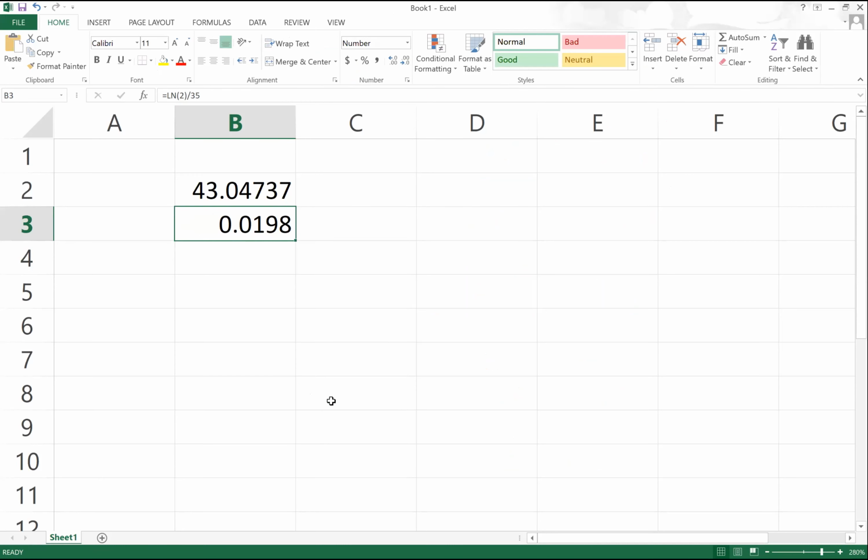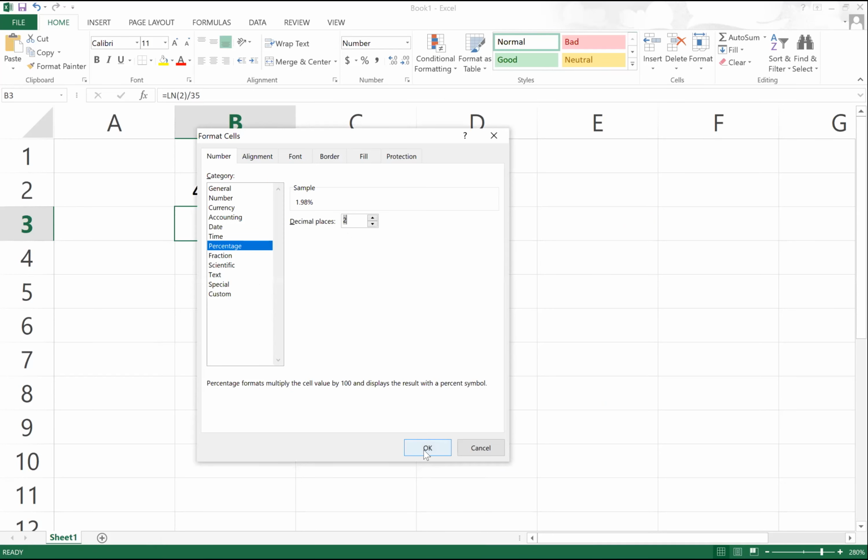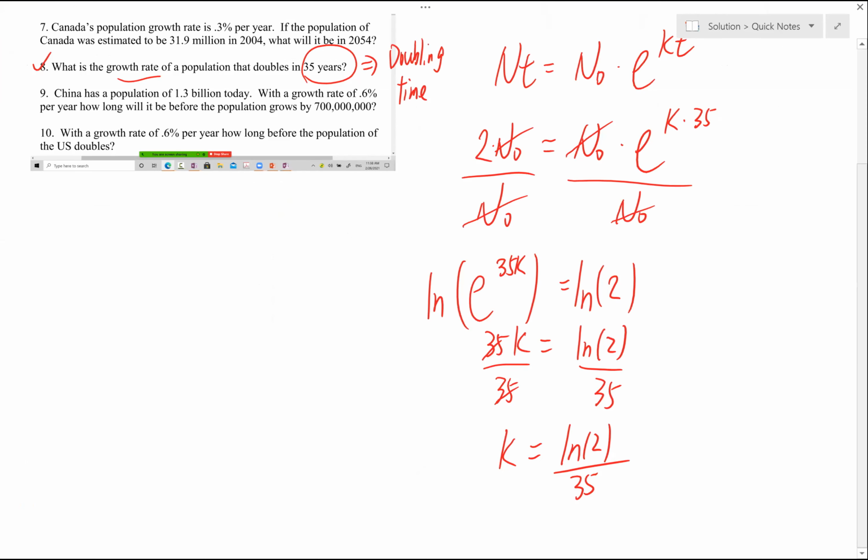Go to format cells and then percentage with 2 decimals. So this is 1.98% we're looking at. So we'll go back. This is approximately the growth rate. The annual growth rate is approximately 1.98% if you want to double the population in 35 years. That's what happened. Okay.